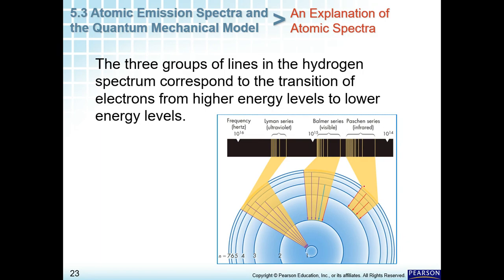Here, if we drop from 7 down to energy level 3, you're going to see more red light given off because that's not as much energy. Red light tends to be low energy, purple tends to be high energy. Notice this line right here is a slightly different color because it falls kind of in the middle. It has a middle amount of energy.